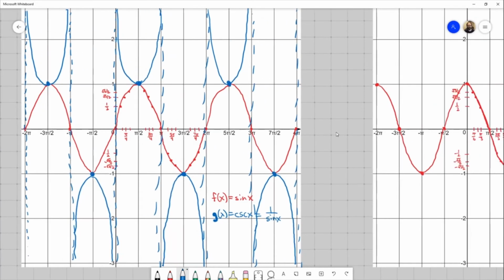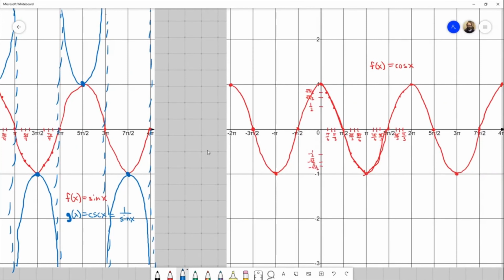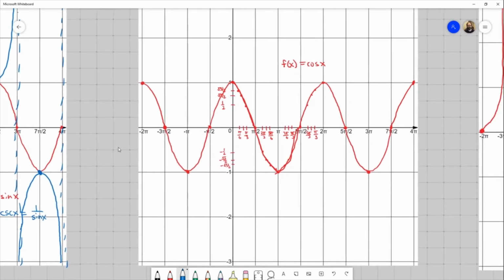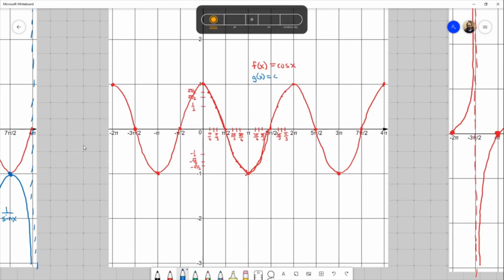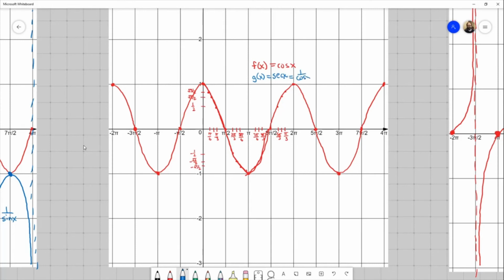We could use some similar ideas to get the graph of secant of x. Remember, secant is the reciprocal of cosine. Sorry, not cosecant, but secant. Secant is the reciprocal of cosine.